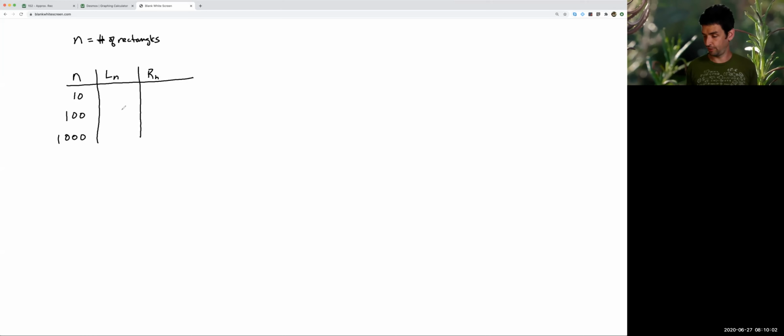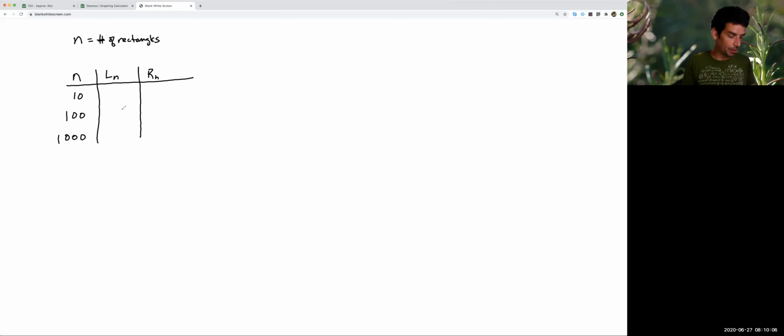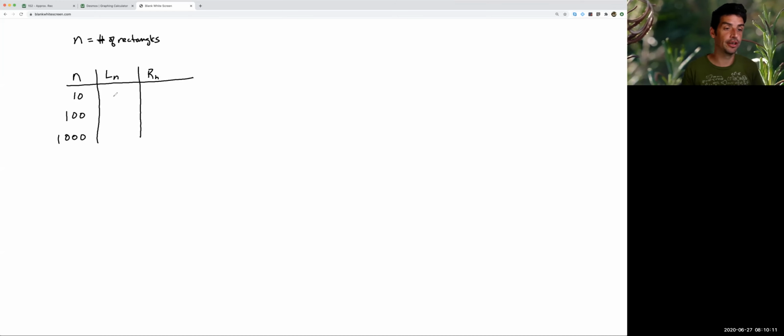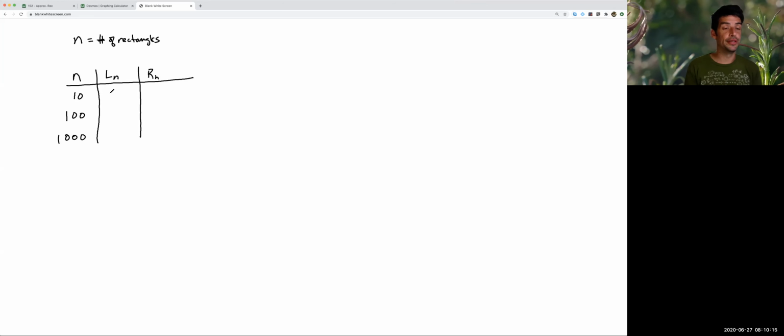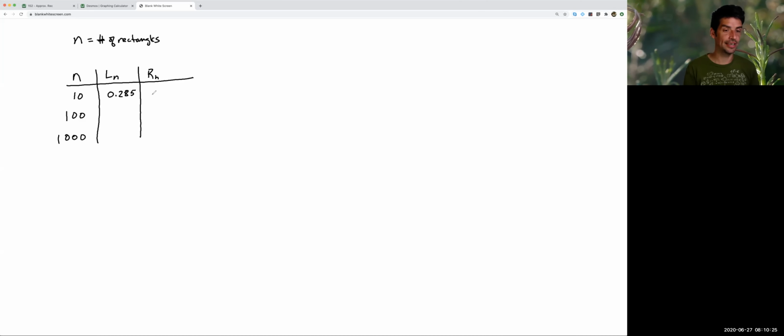As we'll see as these videos go on, we can put these into some nice compact formulas that computers can work well for us. So doing that left-hand approximation, I got 0.285 for 10 rectangles.